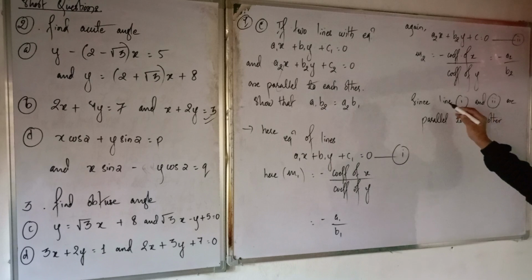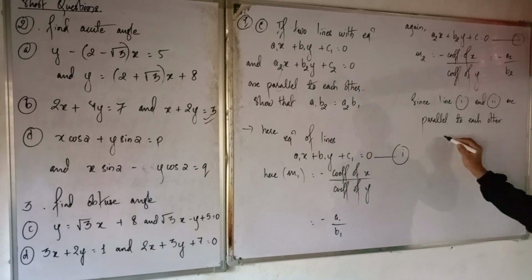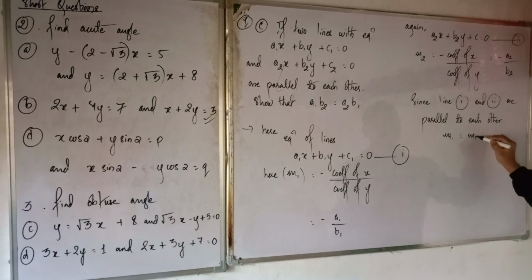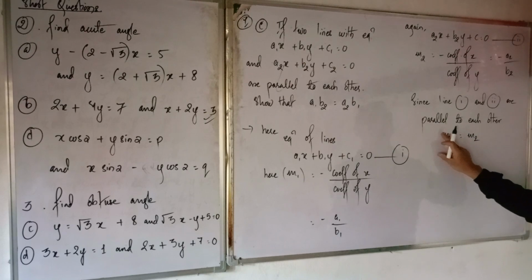If the lines are parallel to each other, then their slopes are equal, which means m1 must equal m2.